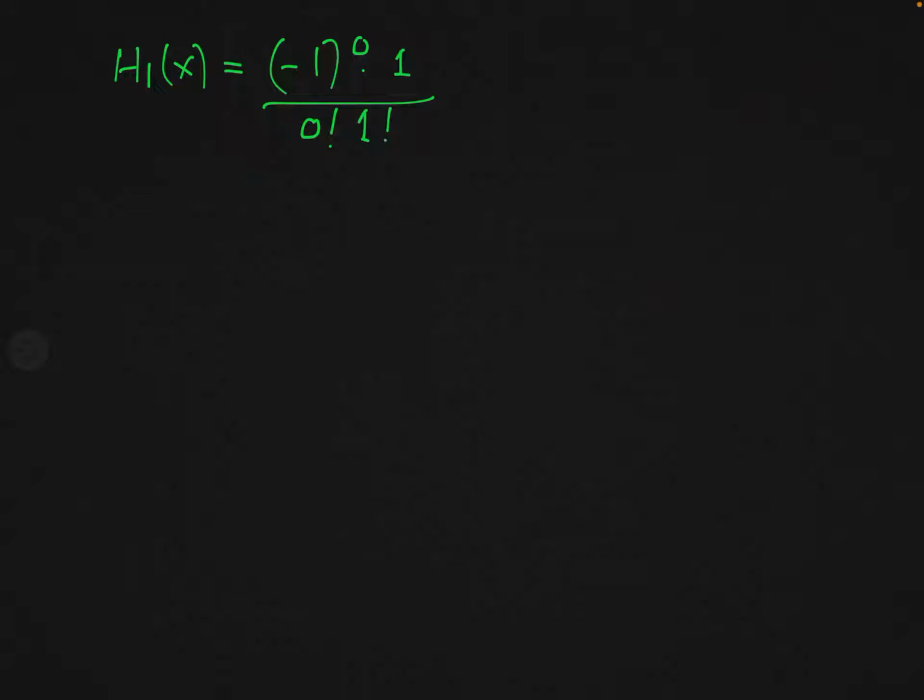So this is 1 factorial, and 2x raised to the power 1 minus 2k, but k is 0, so this will be simply 1. Now you can see this is simply 1 times 2x, and that will be equal to 2x. So H1 of x, that is the Hermite polynomial of first order, is equal to 2x.